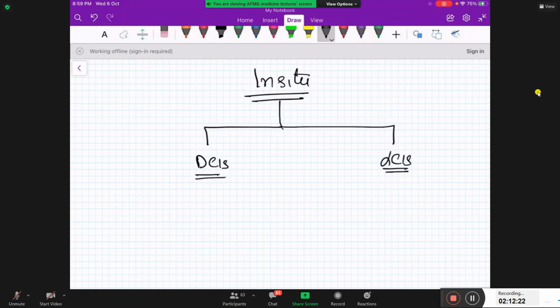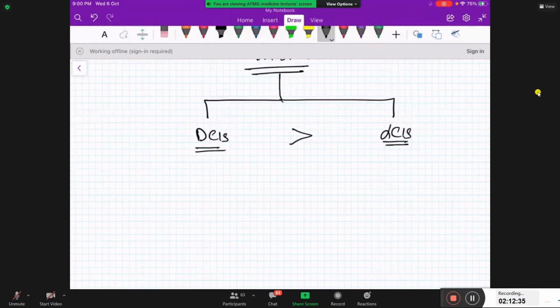In situ cancers, we have DCIS and LCIS. Out of DCIS and LCIS, more common is DCIS. DCIS can be seen in male or female breast, while LCIS is only seen in female breast. It is not seen in a male breast.